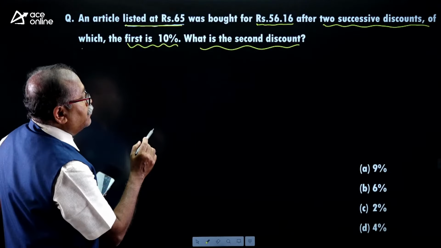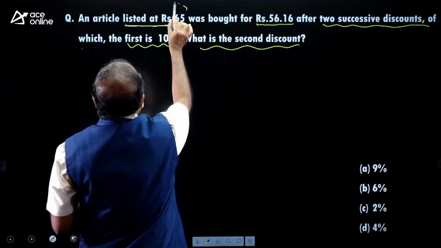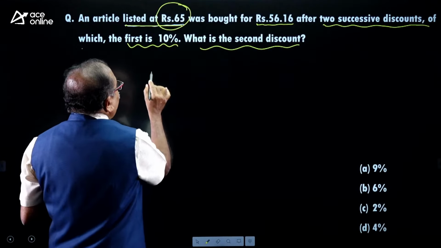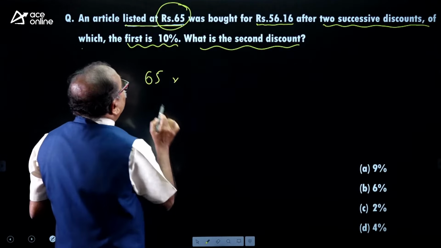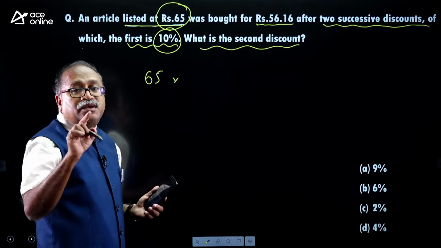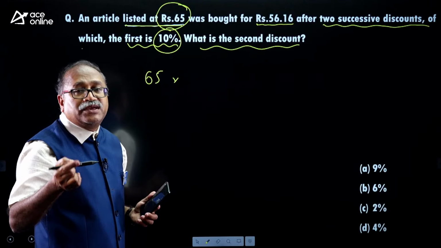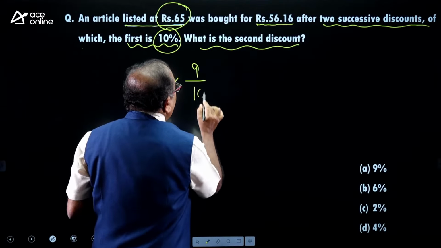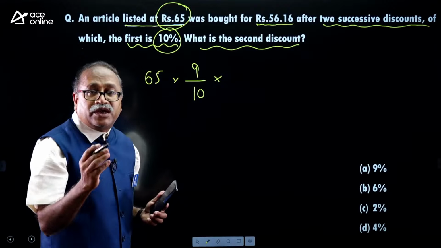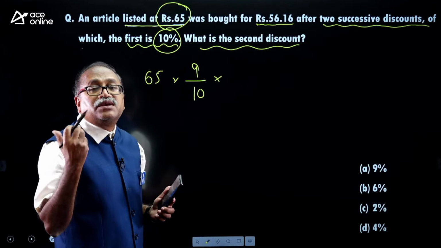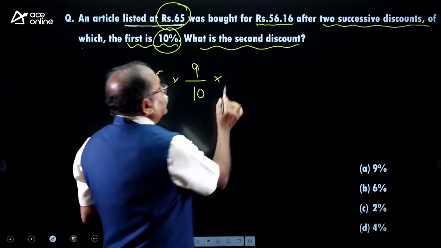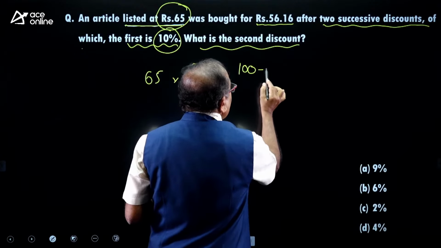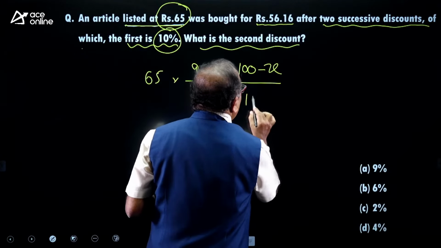So what I know is, this is the mark price. So 65 into the first discount 10%, that means he is selling at 90%, that means 9 by 10. So this is 9 by 10. And what is the second discount? I don't know. Let's consider that the second discount is X. So 100 minus X by 100.